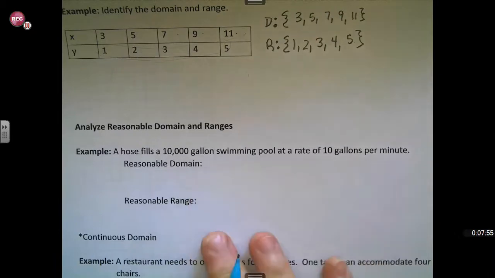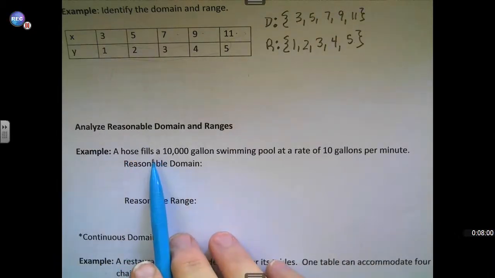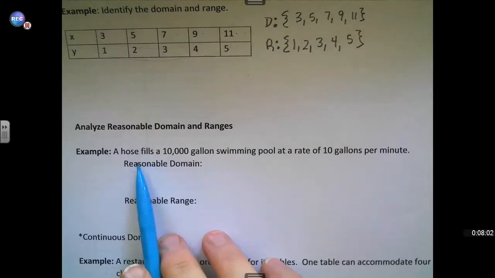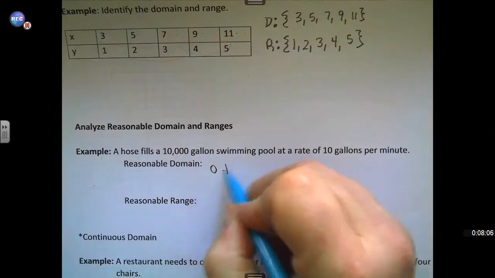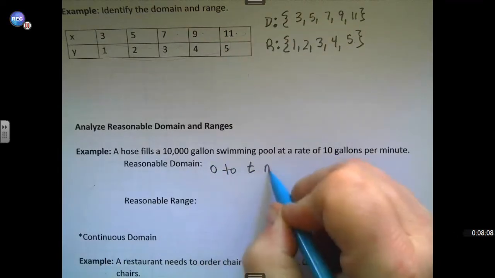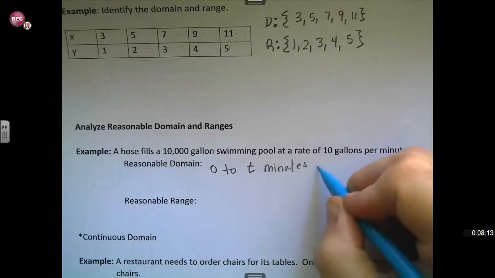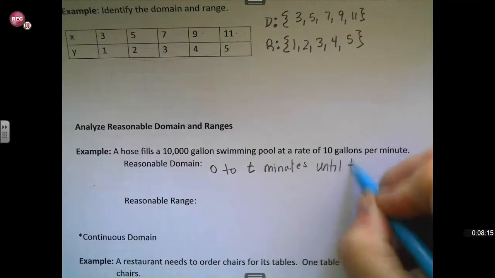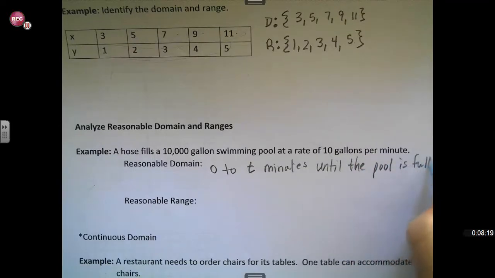So a reasonable domain here would be based on the time, and we would say it's 0 to t minutes until the pool is full. Okay.